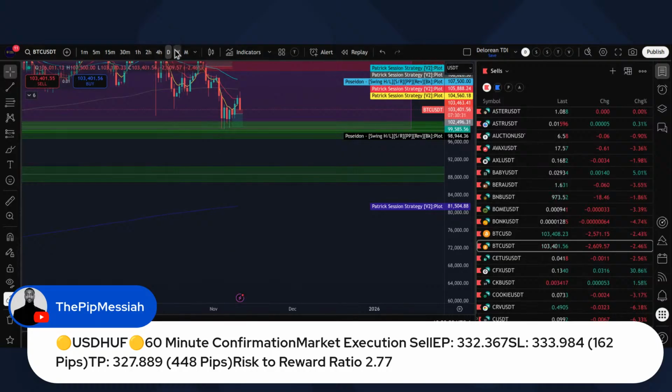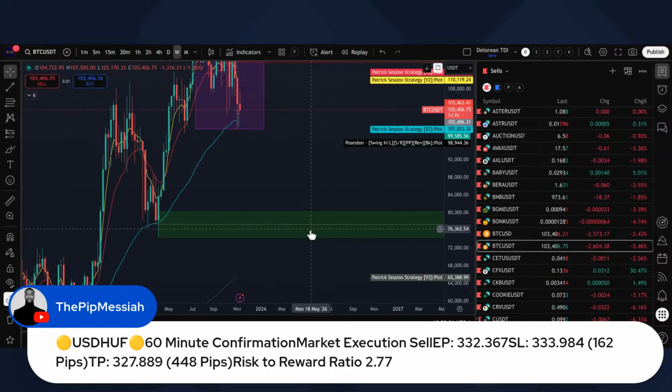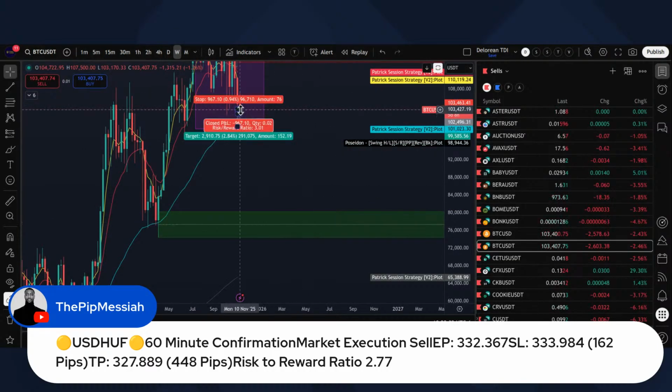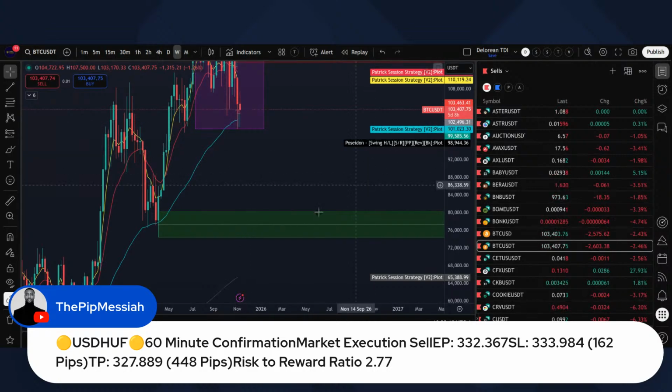You take a deeper look and you go to the weekly. You got free fall from current price under the 50 EMA at 101,000 and change, all the way down to 77,400. That's worst case scenario.